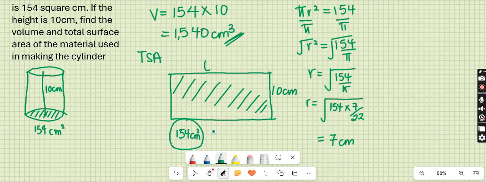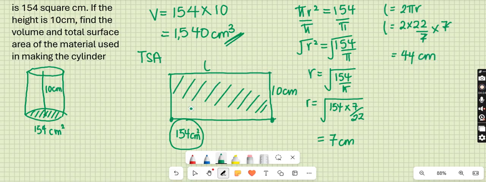If the radius is 7 centimeters, we will find the length. The length will be equal to 2 pi r, which is the circumference of this circle. So our L is going to be 2 times 22/7 times 7, and this should give us 44 centimeters.